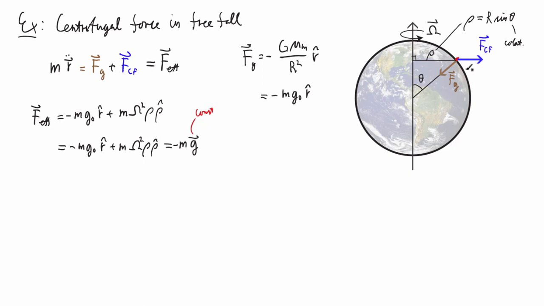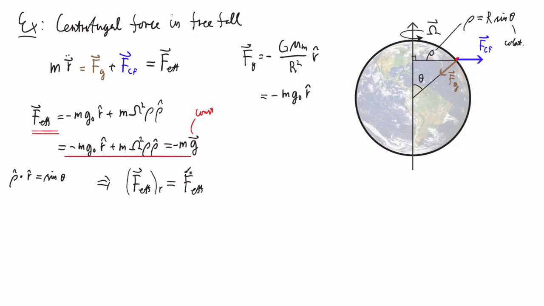So let's take this net force here, this F effective, and divide it into a radial component and a tangential component. So first we're going to have to note here that rho hat dot r hat is sine of theta. So that means if I take F effective, let's underline it here, we have F effective there, and we want to look at its magnitude in the radial direction.